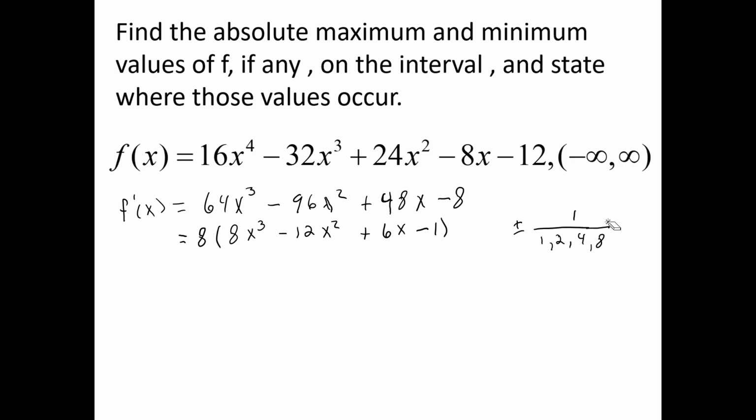So for my window, I'm just going to pick between -2 and 2. And then I'll go from -10 to 10 for the y's, and then I'll look at my graph.